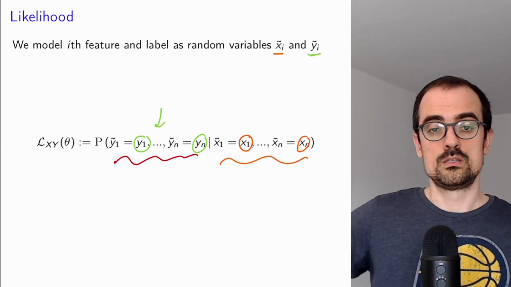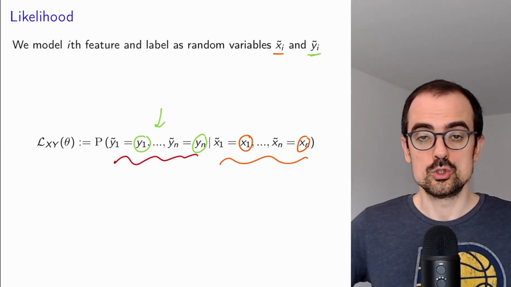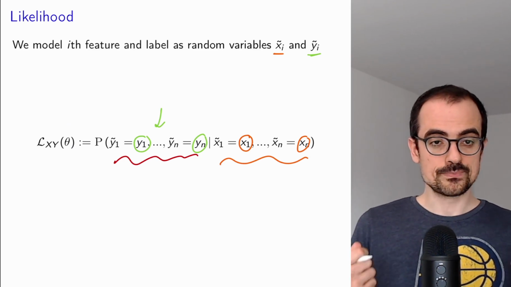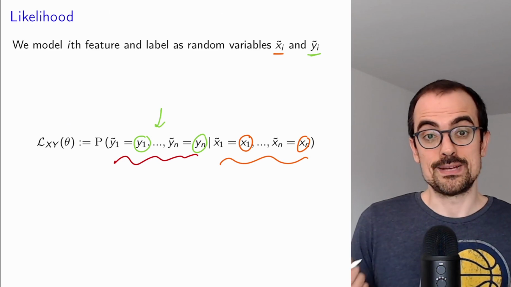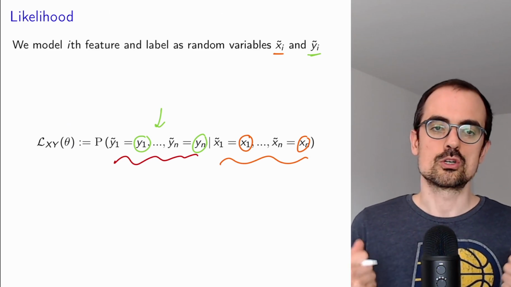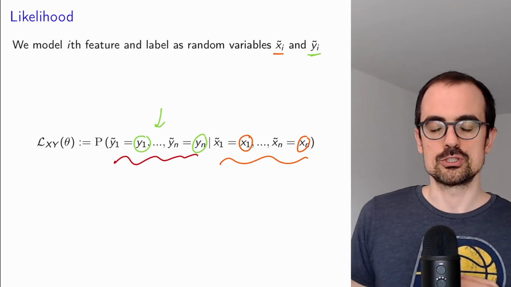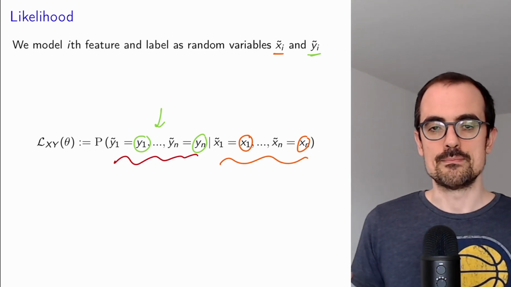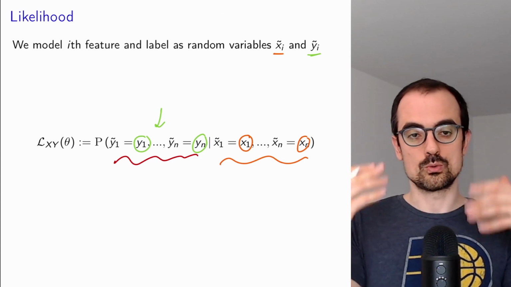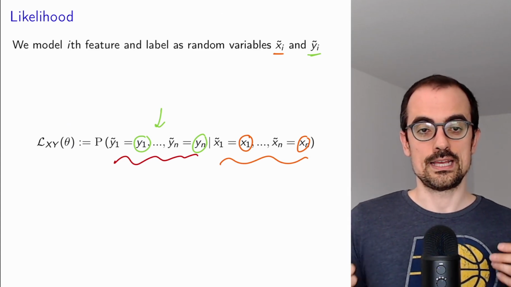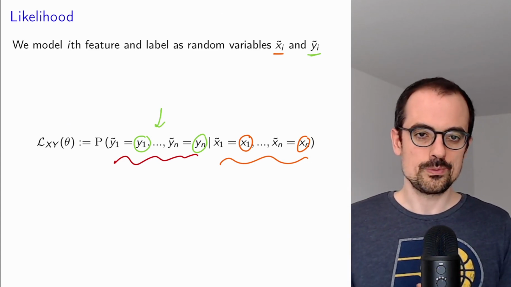This full conditional probability in general, we're not going to be able to maximize it, so we have to make some assumptions. The assumptions that we're going to make are analogous to the assumption that we made when we were fitting parametric models according to the likelihood, which was that everything was independent and identically distributed.